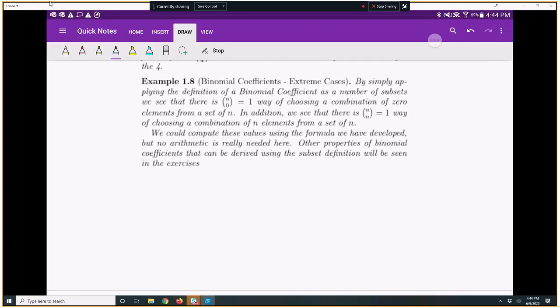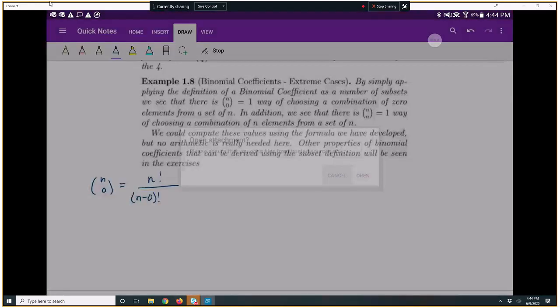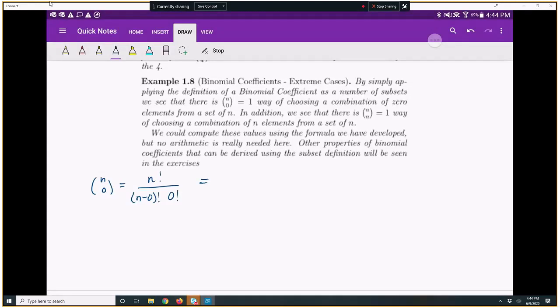So if we just compute n choose 0, it is n factorial divided by n minus 0 factorial times 0 factorial, and that's n factorial over n factorial times 1. So this is just 1. So there's one way of choosing a combination of 0 elements.